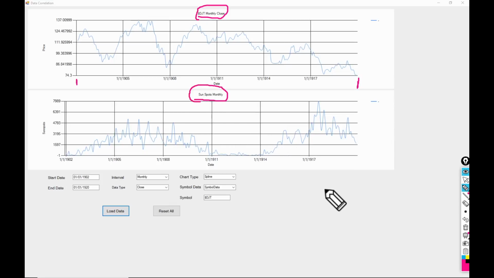Now, for those that are not familiar with solar cycles, hold on to your seat, because it's going to get interesting. That's right. Sunspots have been tracked all the way back to the 1700s. And of course, in contemporary times, we have satellites that keep track of sunspots, right?